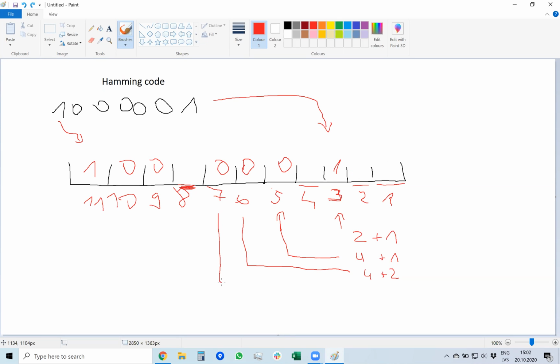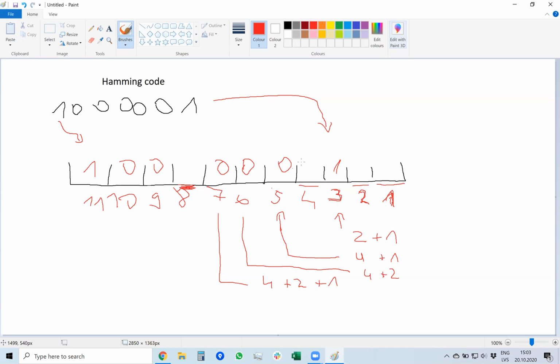7 is 4 plus 2 plus 1. So when we calculate parity number 4, 2, and 1, we also use the 7th bit. So to expand this calculation, we only use the powers of 2. 2 to the power of 0 is 1. 2 to the power of 1 is 2, 4, and so on.